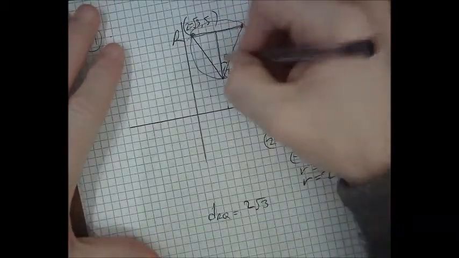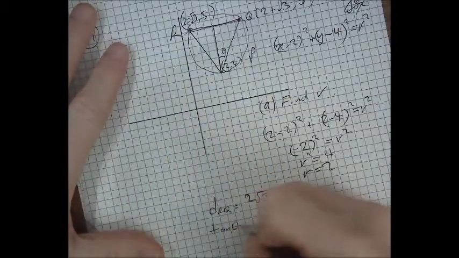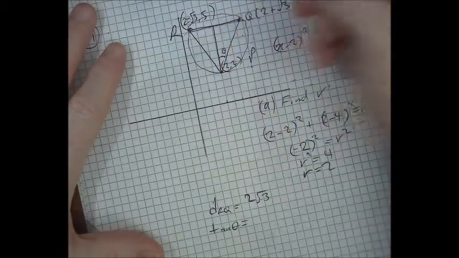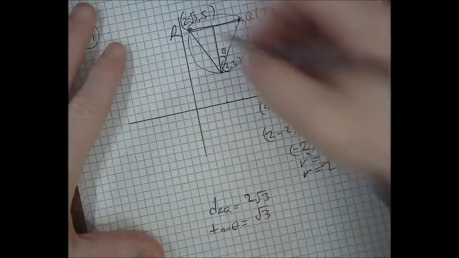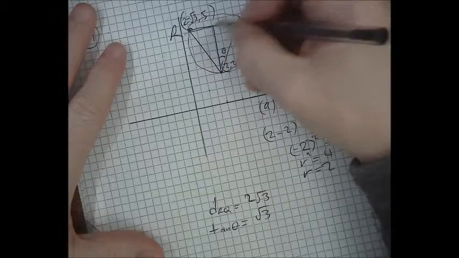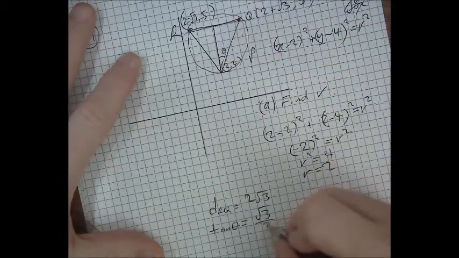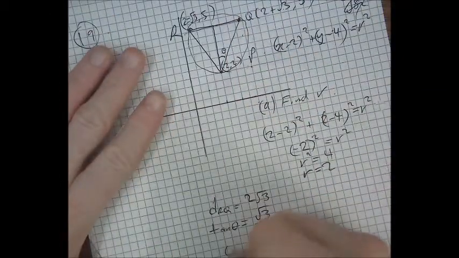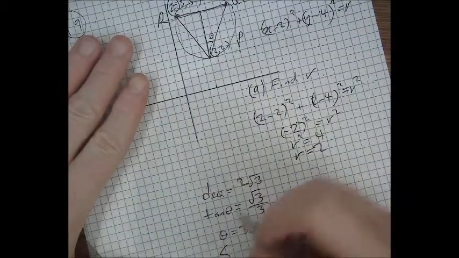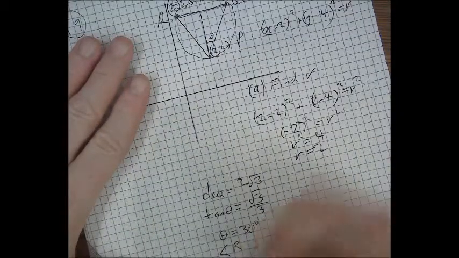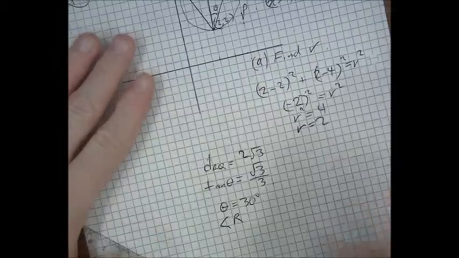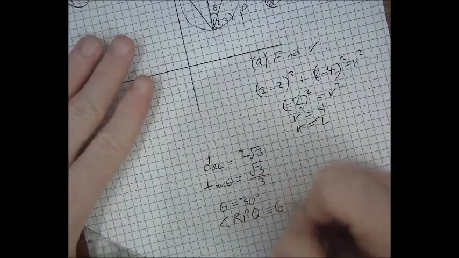So if we call that theta, then tan theta equals that distance, which is root 3, over that distance, so the opposite over the adjacent, which is 3, and therefore theta equals 30. So therefore angle RPQ equals 60.